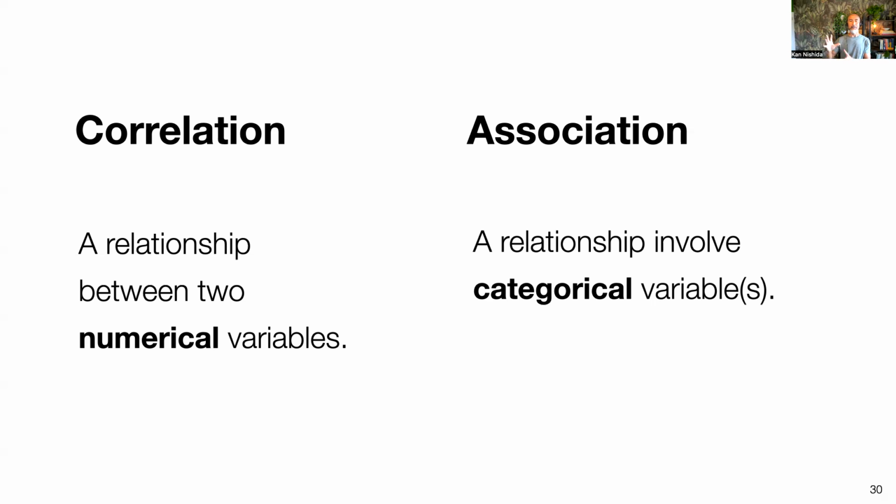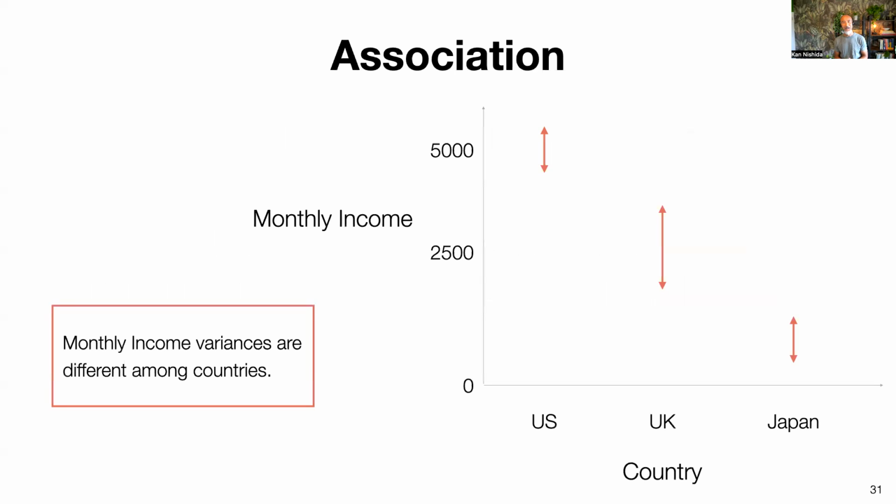Anyway, when you have categorical variables, most textbooks in the statistics world say association. For example, when you have a country, and the other can be categorical or numerical, in this case monthly income, then the US is higher than the UK and higher than Japan.